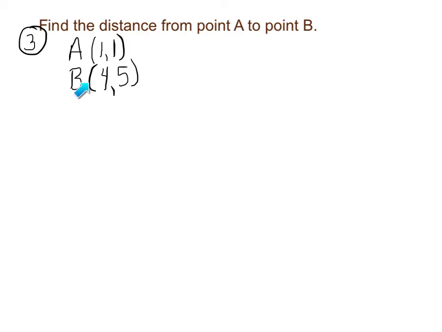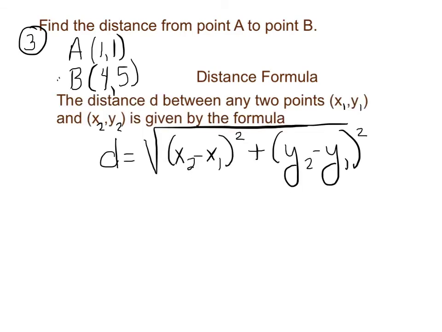And this is called the distance formula. The distance formula is the distance d between any 2 points, x sub 1, y sub 1, and x sub 2, y sub 2, is given by the formula d equals the square root of x2 minus x1 squared plus the difference of your y values, or y2 minus y1 squared.